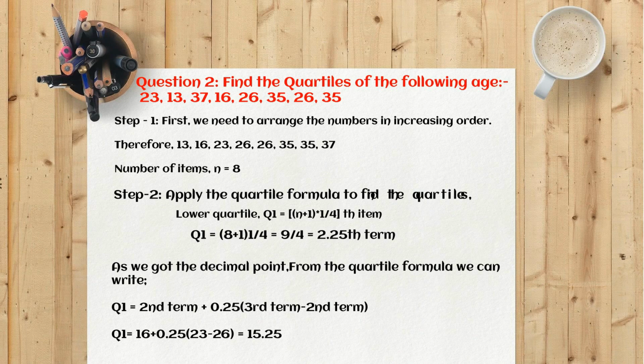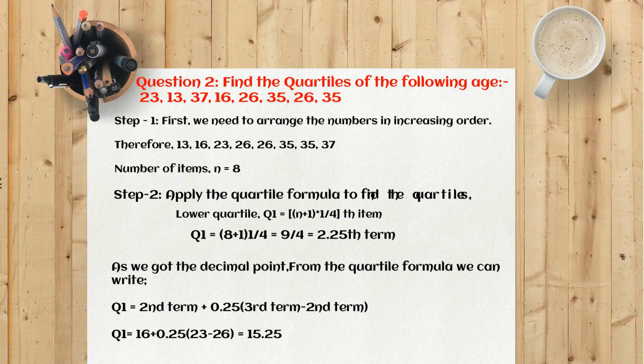Lower quartile, Q1 equals (n plus 1) multiplied by 1 by 4 th item. Q1 equals (8 plus 1) multiplied by 1 by 4 equals 9 by 4 equals 2.25 th term. From the quartile formula we can write Q1 equals second term plus 0.25 multiplied by (third term minus second term).